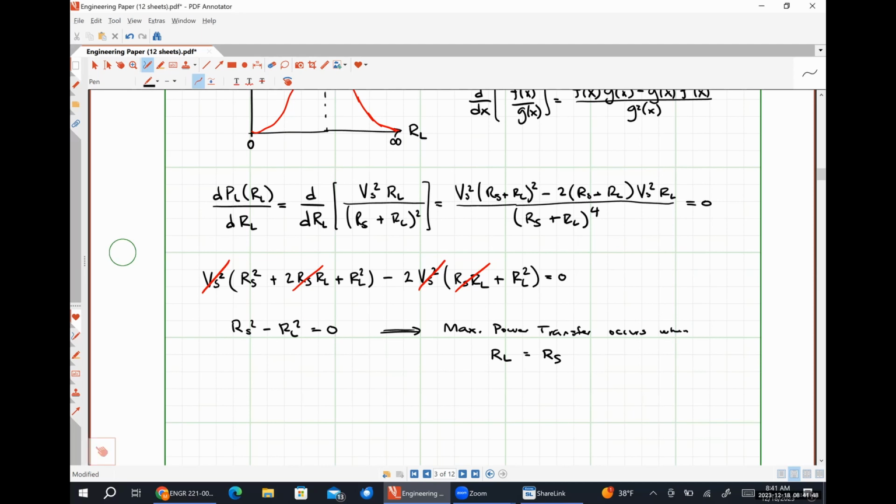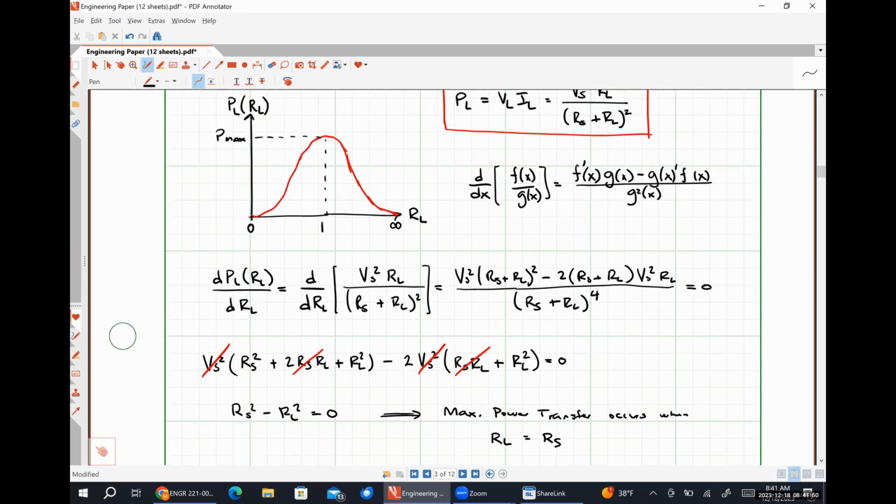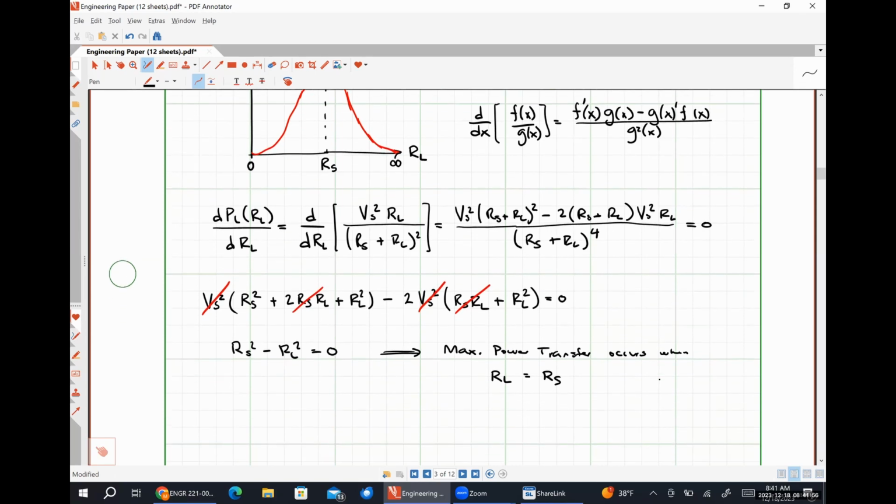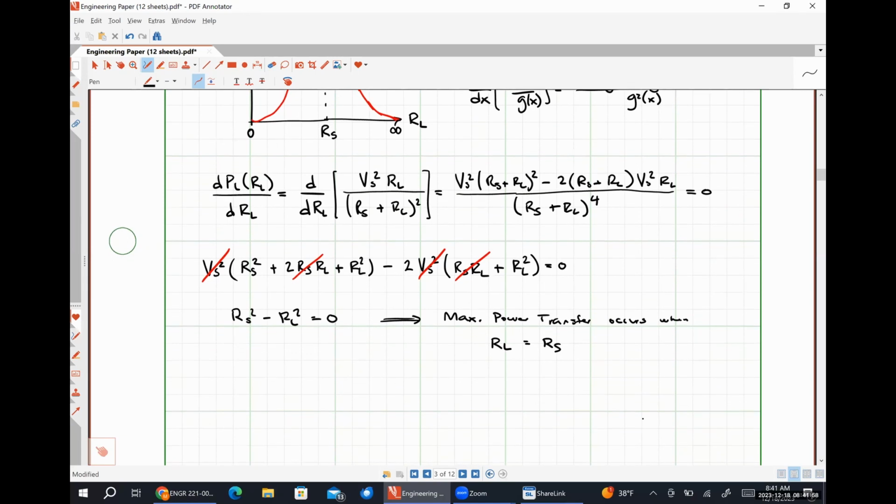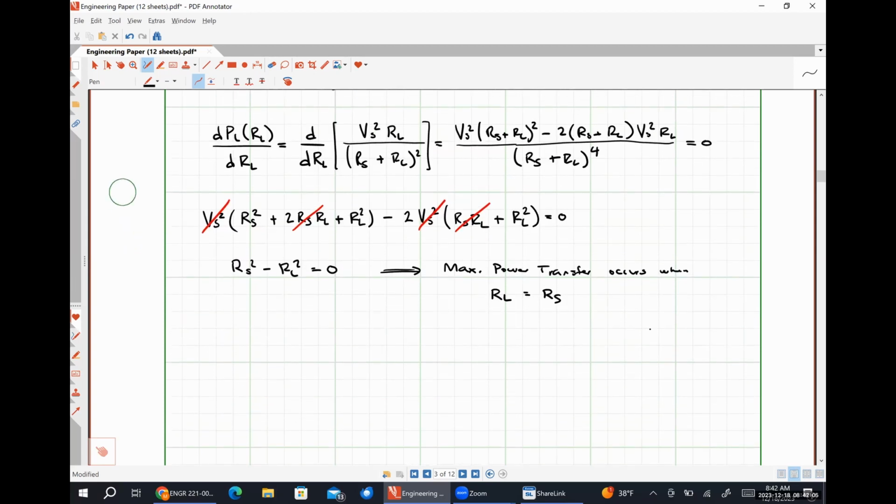So I'm going to update my graph here. And now let's take a moment to derive our equation for maximum power transfer, right? So our maximum power will occur when RL is equal to RS.